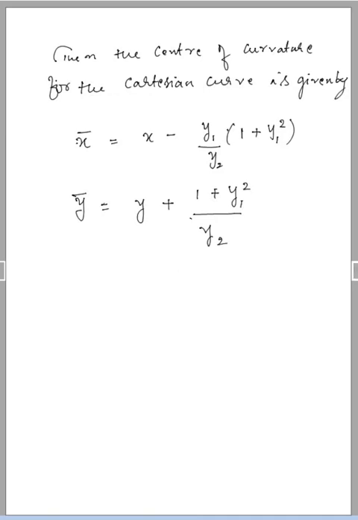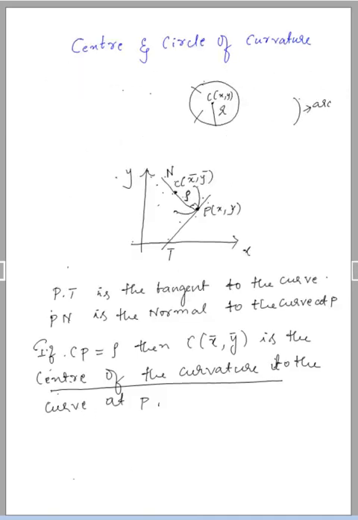Once again, I will tell you how we find out the center of curvature. If you consider a curve in general, for that curve you are going to have a center called C, and I will consider a point P. So draw a tangent at this point, and if I extend this line, that will be PN, and from center to point P the distance is given by rho, and PN is defined as normal.